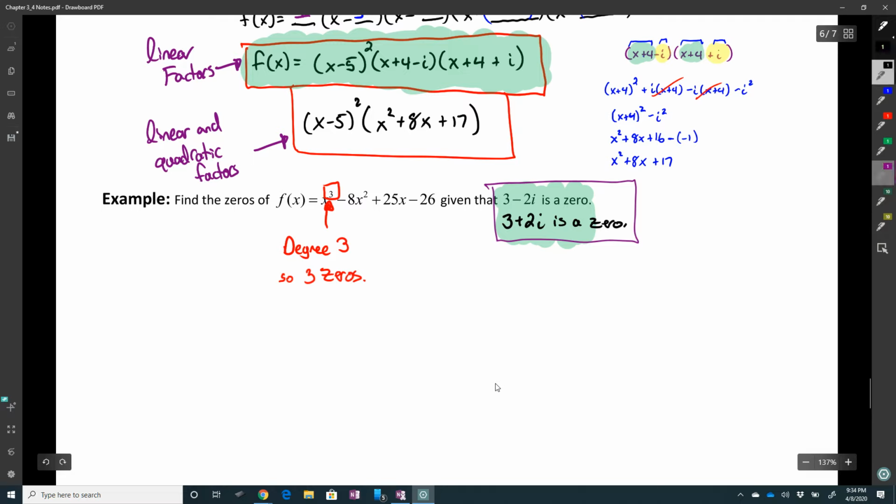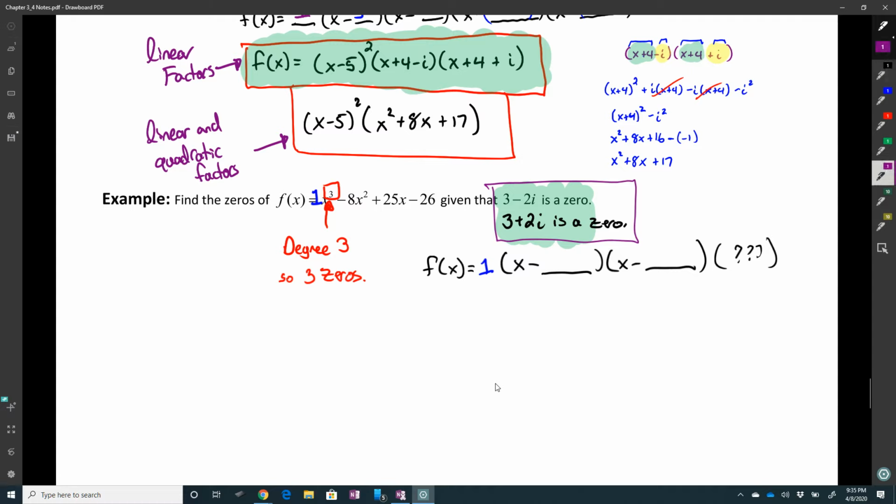The way our textbook chooses to do it is, if I know these are zeros, then automatically I know 2 factors. So f of x is equal to, notice my leading coefficient is 1, and then x minus each zero.